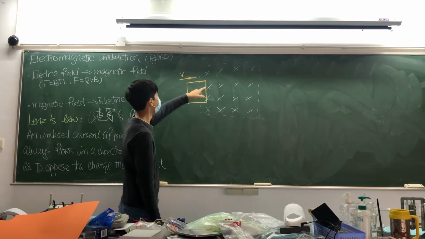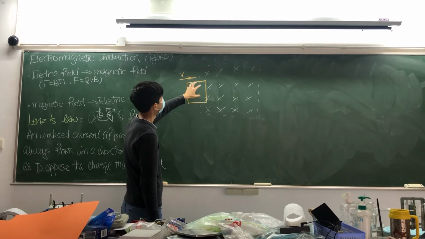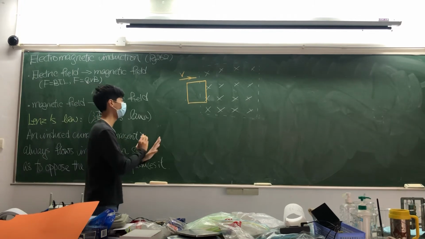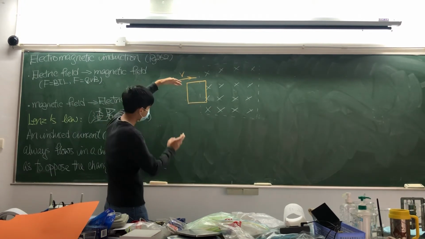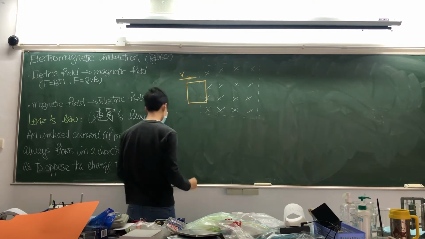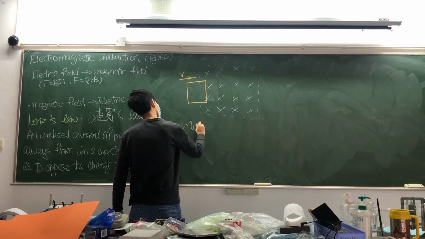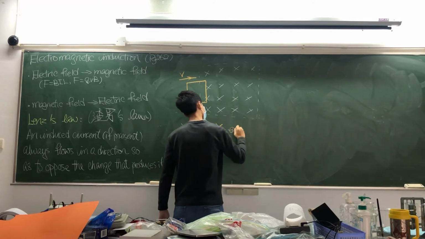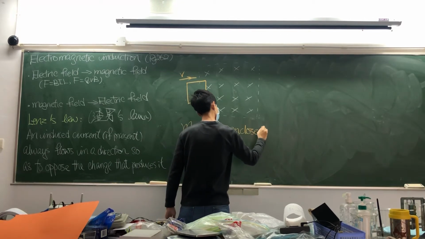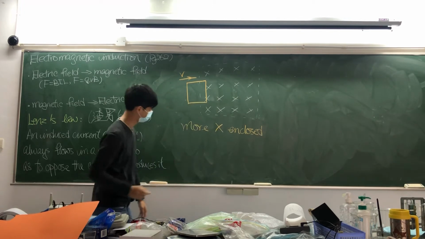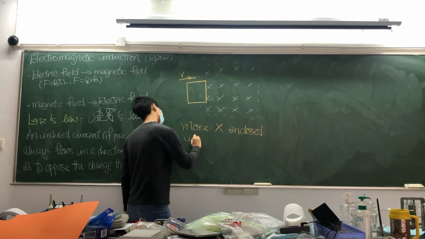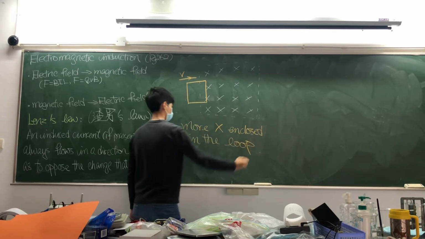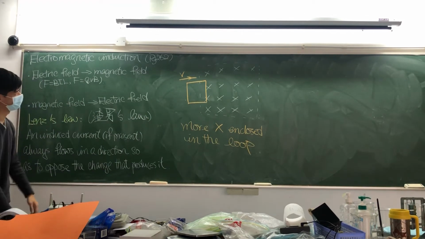Then more and more cross enclosed in this loop, right? Originally there is no magnetic field in this loop, so when it's coming into the magnetic field, more and more cross or field lines are enclosed in the loop.